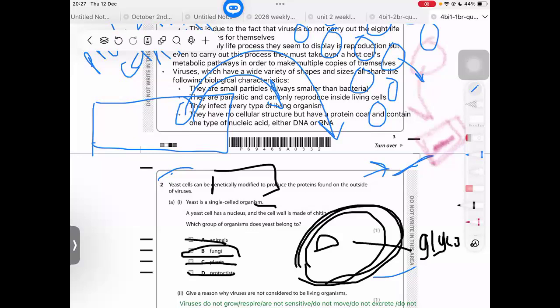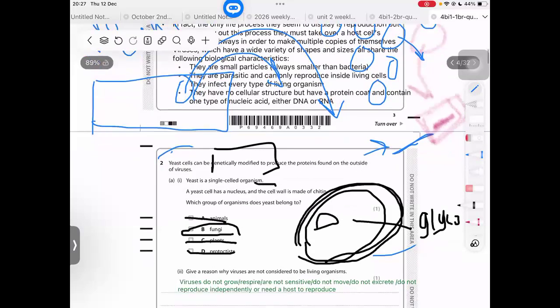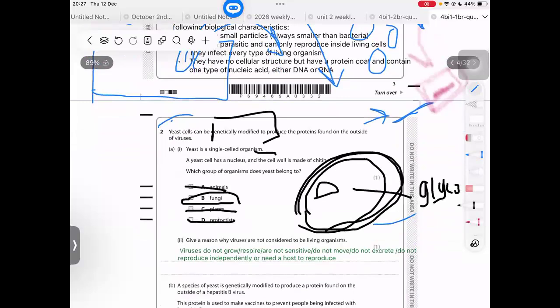In fungi, the cell wall is made up of chitin, and the storage carbohydrate is glycogen.